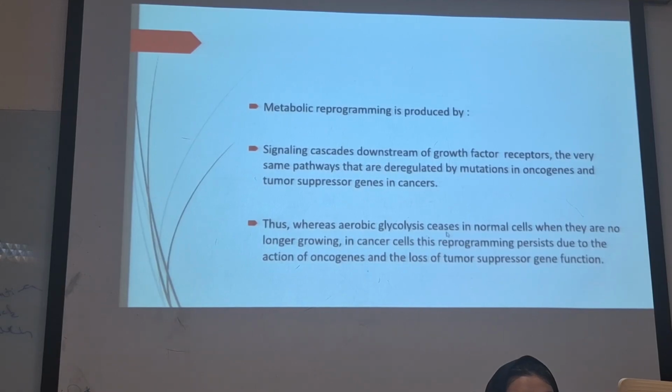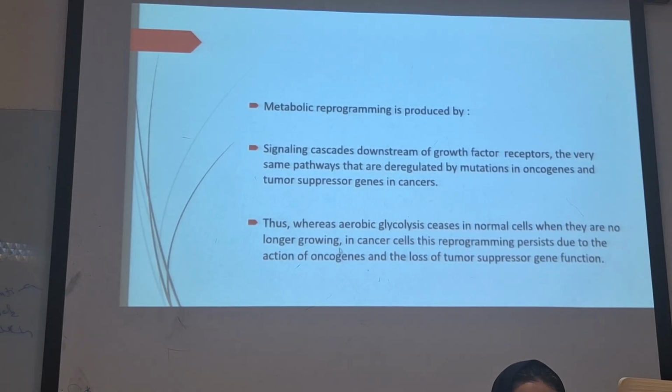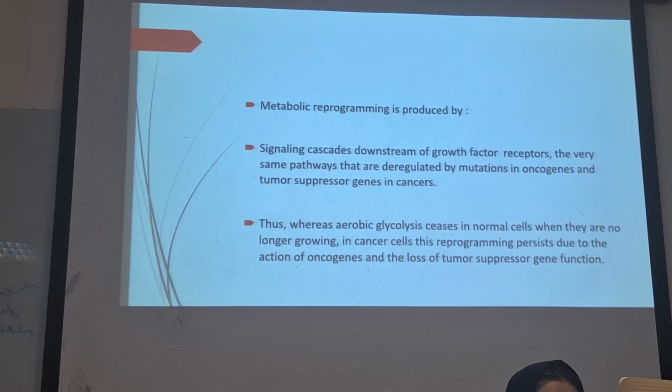Aerobic glycolysis occurs in normal cells when they are no longer growing, but in cancer cells this reprogramming persists due to the action of oncogenes and also loss of tumor suppressor gene activity.